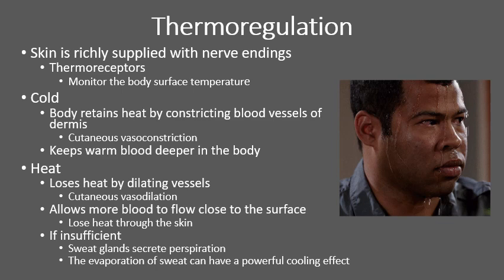If you think about it, that's why you become very red in your face when you exercise. If this redness or vasodilation is not sufficient in cooling down the body, that's when sweat glands start to secrete perspiration. And the evaporation of sweat has a very powerful cooling effect on the body.